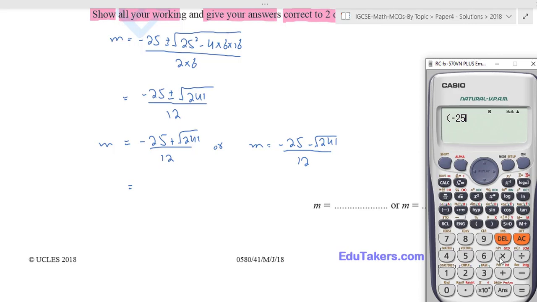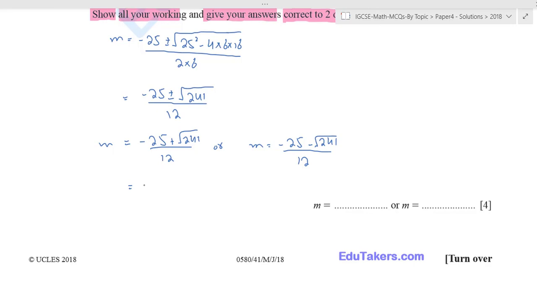Minus 25 plus square root of 241 over 12 is minus 0.79, correcting to 2 decimal places.